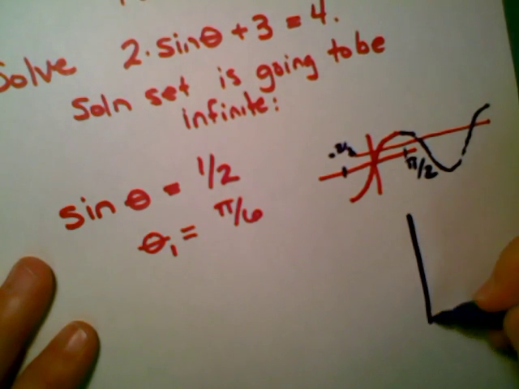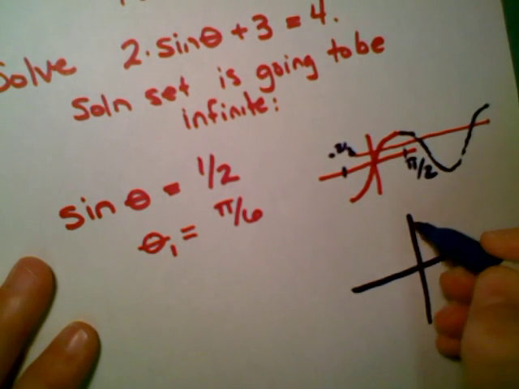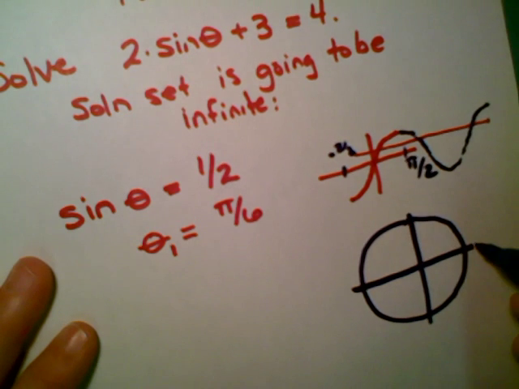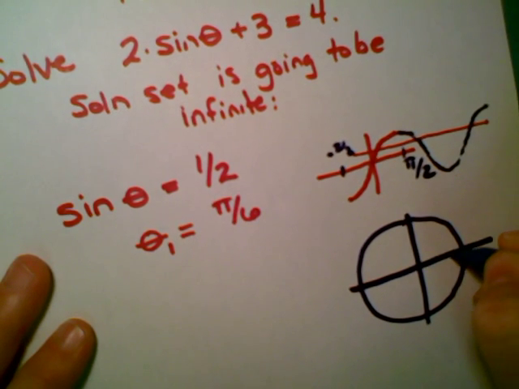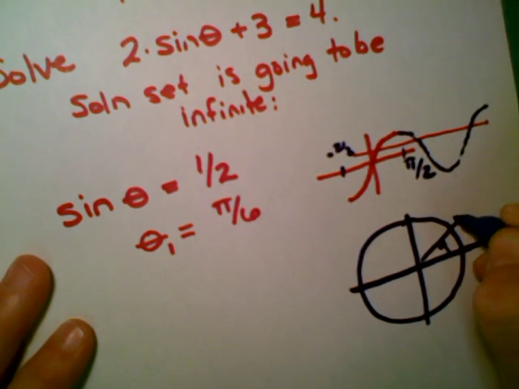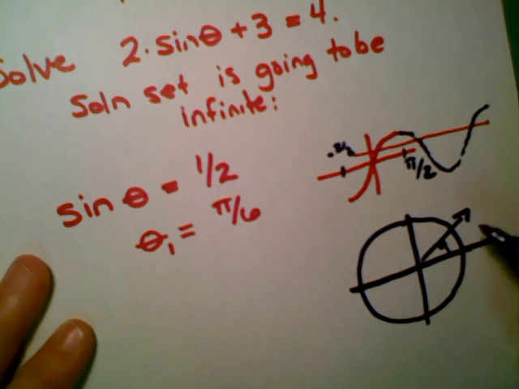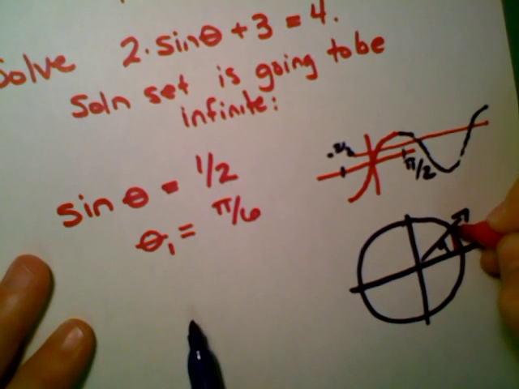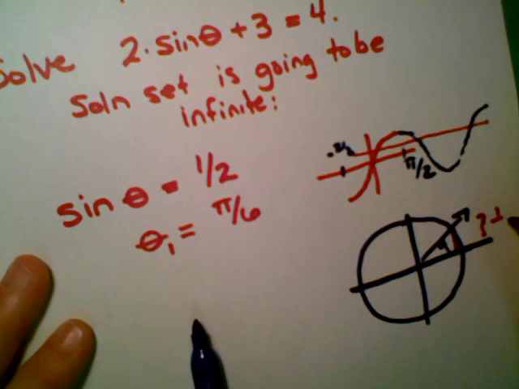Now referring back to our illustration of the unit circle, a rotation of pi over 6 has its terminal side in the 1st quadrant, and that gives us a vertical distance of 1/2.